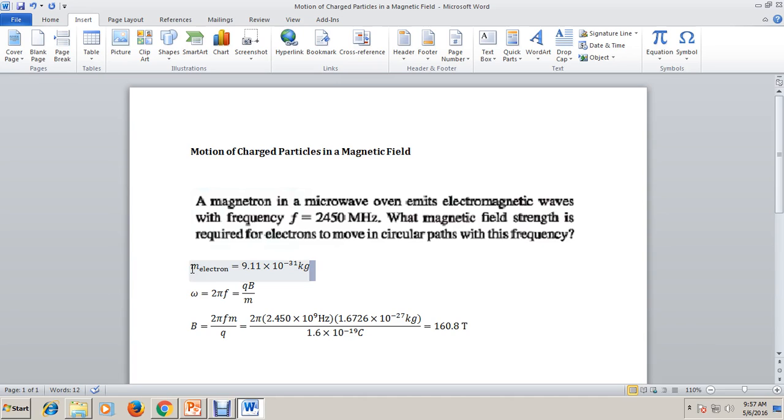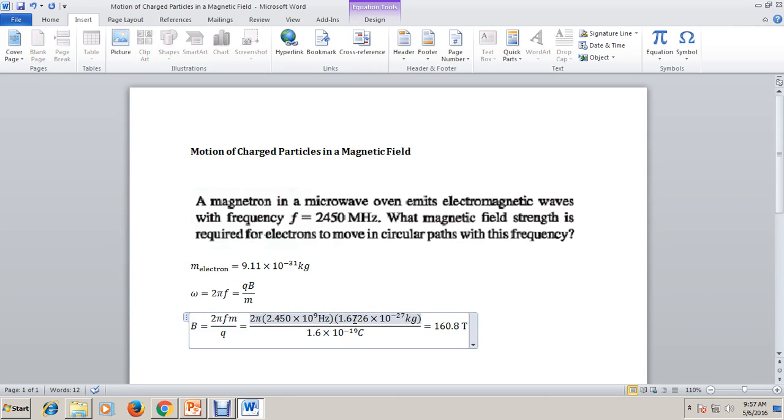This is the workable value for the mass of the electron, and remember, this is a constant. So in our formula, we plug in the value for the frequency, times 2 pi times the mass of the electron divided by the charge of the electron.